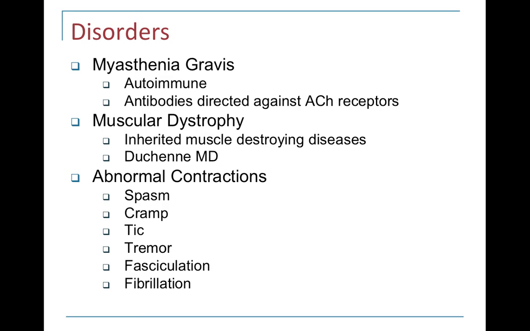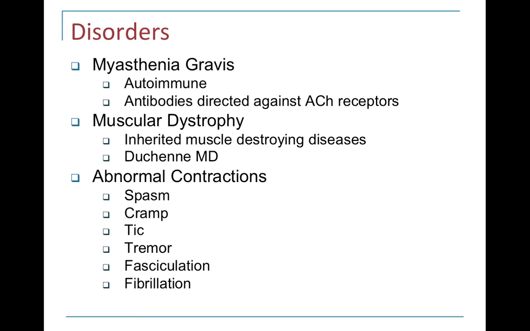Muscular dystrophy will be an inherited muscle destroying disease or group of diseases that are characterized by degeneration of individual muscle fibers, leading to progressive atrophy of the skeletal muscle.